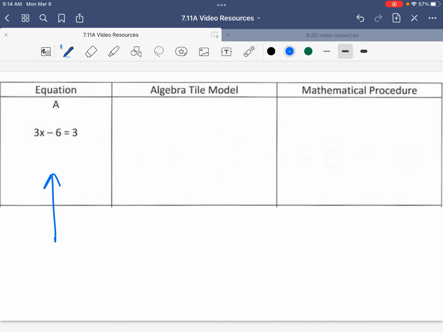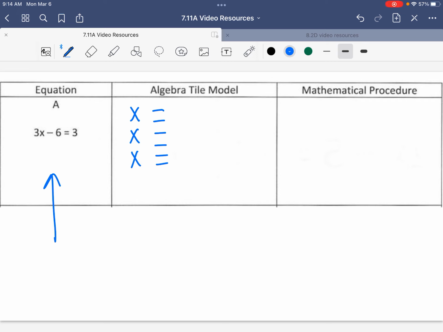So the first thing I need to do is model. So I see I have three x's, which I can represent with x, x, and x. And 6 negatives, which I can show as 6 minuses. If you want to represent this using integer chip looking circles that are colored in or not, that works too.